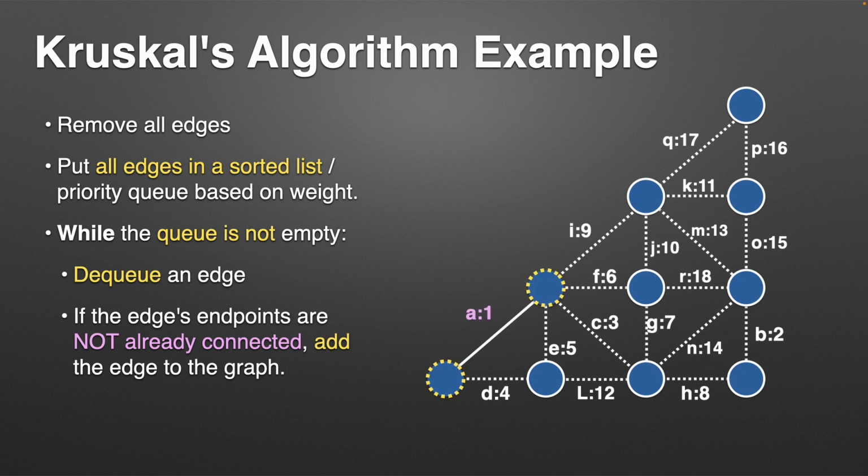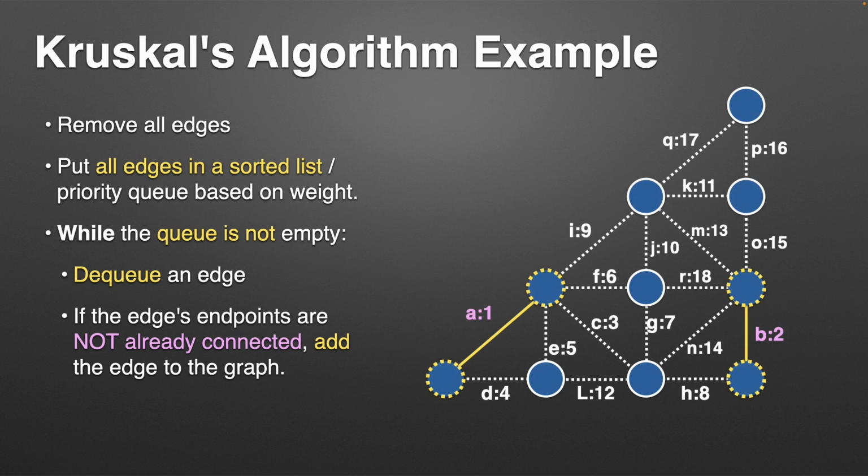So I'm going to start, in this case, with edge A, which has a value of 1. It is connected to these two nodes here. And so we can obviously see at this point that it connects to things that we aren't connected to. So we will go ahead and add those two and add that edge. Then we'll move immediately to the edge with the next lowest weight.